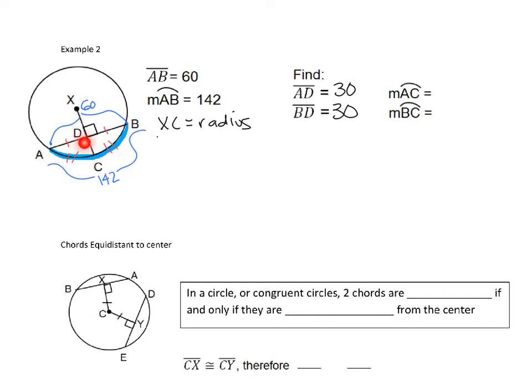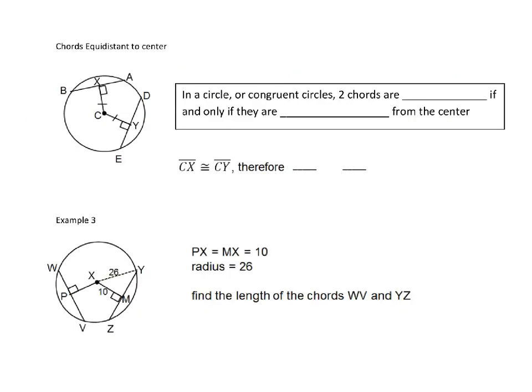Because the chord is perpendicular to the radius, it bisects this arc, which means 142 divided by 2 leads us to conclude that the measurement of arc AC is 71, and so is the measurement of arc BC. They're both going to be 71. All right, so far so good, I hope.